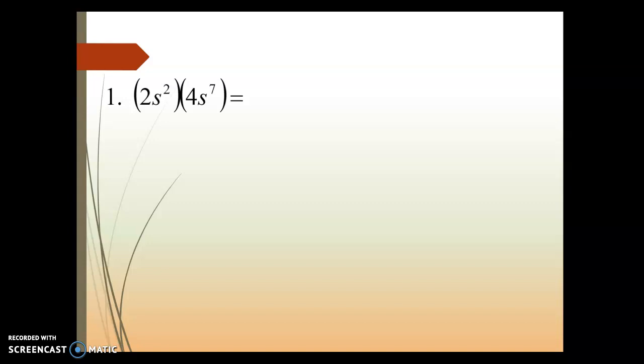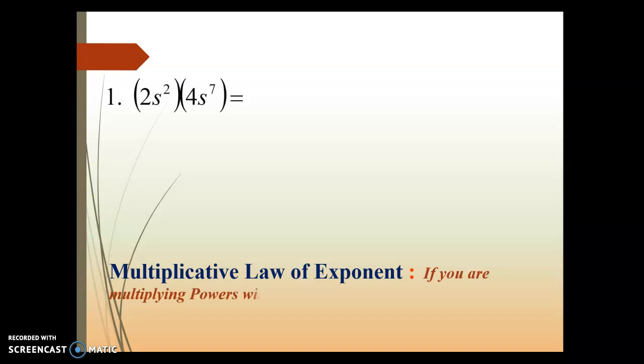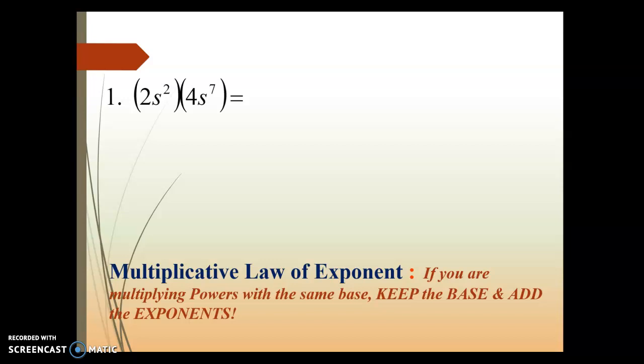The rule that applies here is the multiplicative law of exponent, what you basically call the multiplying of powers. If you are to look for the definition of this one, you can visit the video last time.